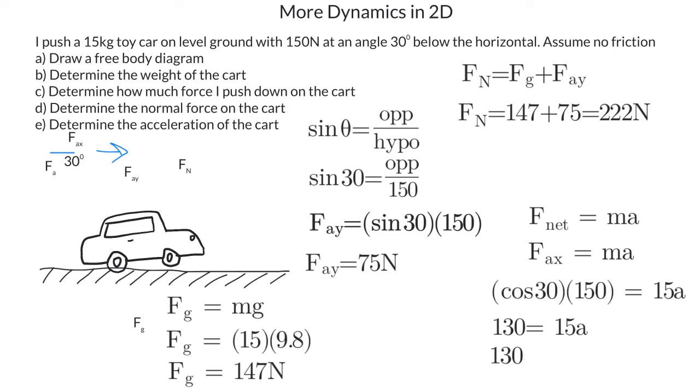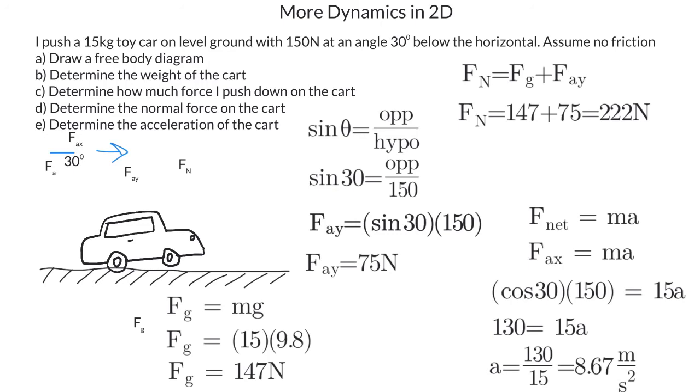And so what we're going to get is that a is going to equal 130 divided by 15, and when we punch that into our calculator we get 8.67 repeating for our acceleration. 8.67, and we have meters per second squared. There we go. So I hope this was helpful.